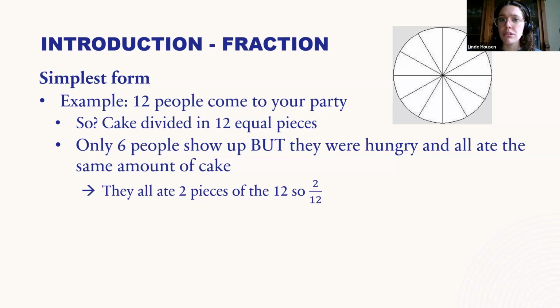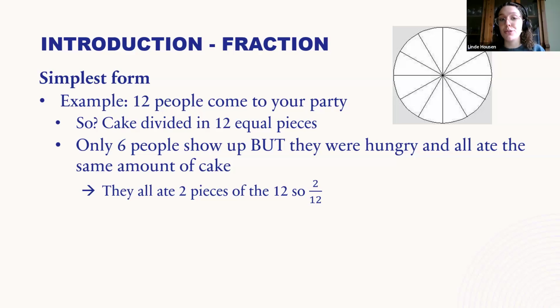But we know that if we were to throw the party with only 6 people, knowing it in advance, and we were to cut the cake, would we still choose to do it in 12 pieces? No, indeed. How many pieces would we pick if we know that only 6 people showed up? 6, indeed.